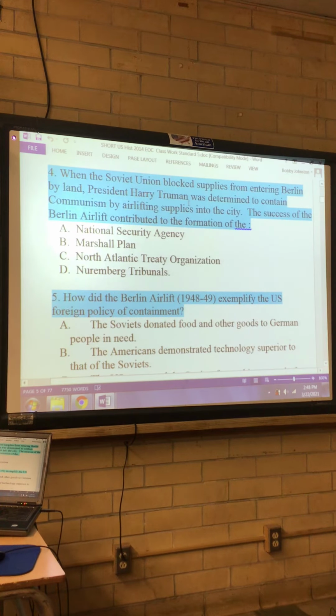All right, when the Soviets blocked supplies from entering Berlin by land, President Harry Truman was determined to contain communism. That's containment, okay? It's stopping the spread of communism. By airlifting supplies into the city. The success of the Berlin airlift contributed to the formation of what?